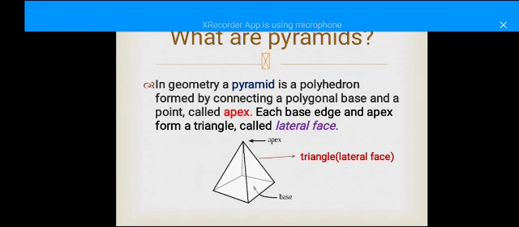You also need to take note that each base edge and the apex form a triangle called the lateral face. You can see that in the diagram. Each edge of the base connected to the apex forms a triangle, and we call that the lateral face.